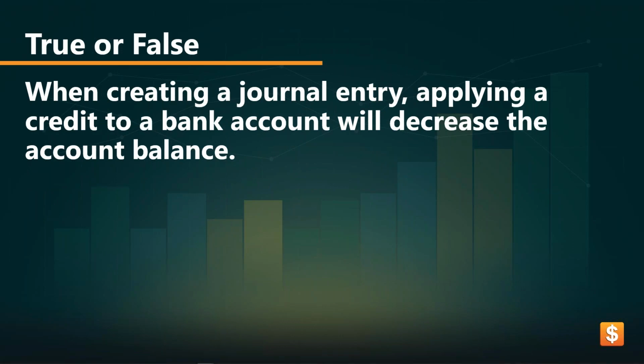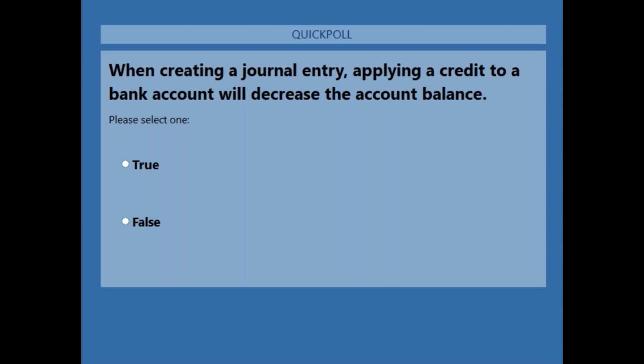If you create a journal entry, if you need to credit a bank account, that means it's going to decrease.